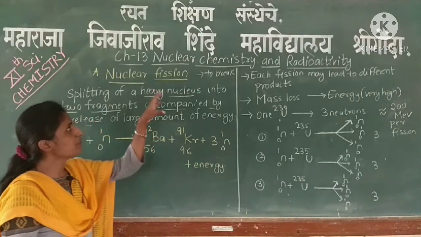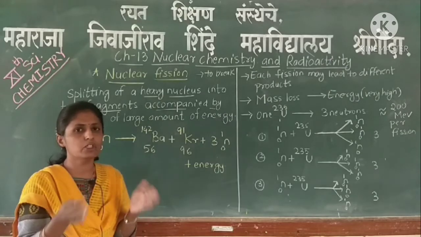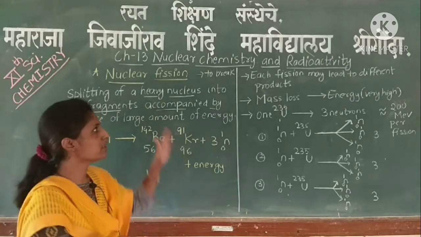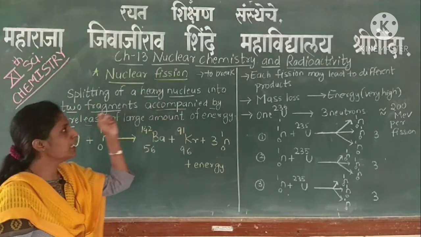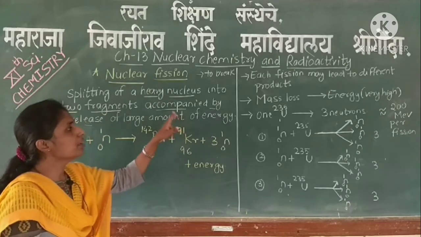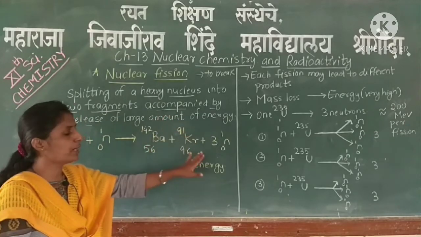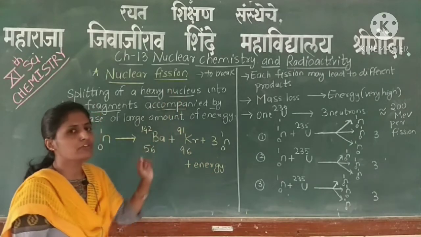The word itself tells you that you are dividing the nucleus, you are breaking the nucleus. So nuclear fission involves breaking the heavy nucleus into two fragments or two daughter nuclei, and a large amount of energy is released in such nuclear fission.